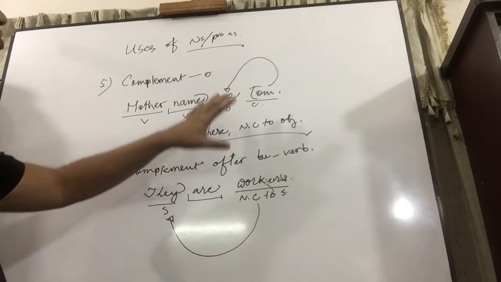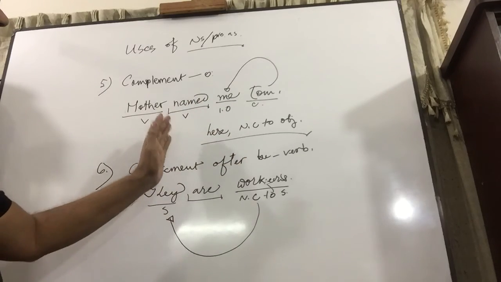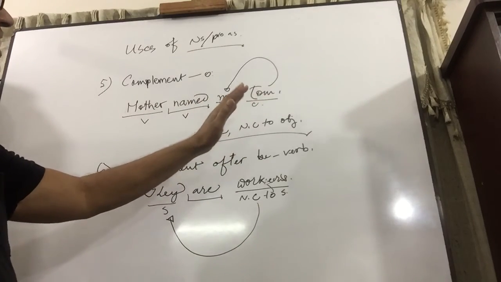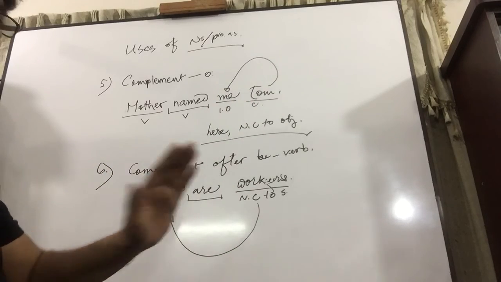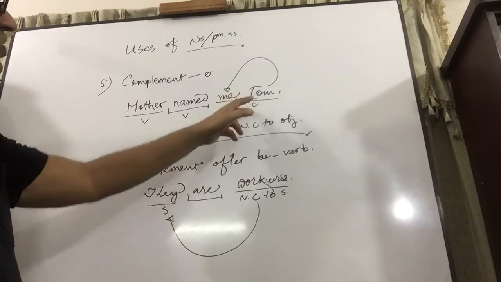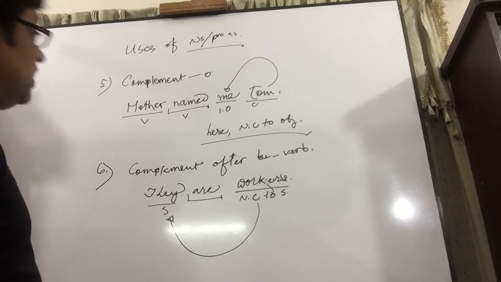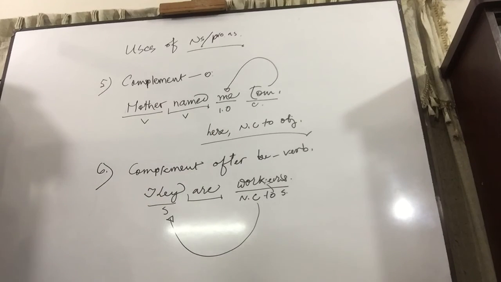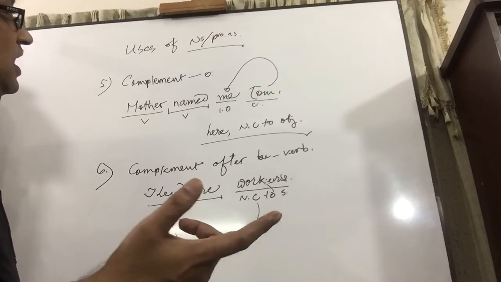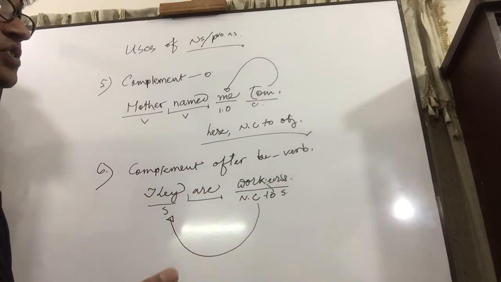But here in these two places, adjective complement to object and adjective complement to subject are also there. That's why these two are not the only functions of nouns. These are the functions also of other parts of speech like adjective.